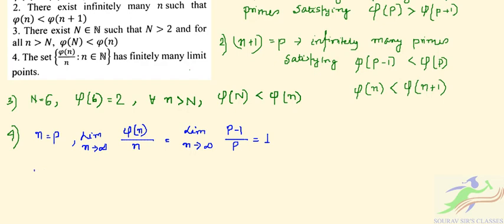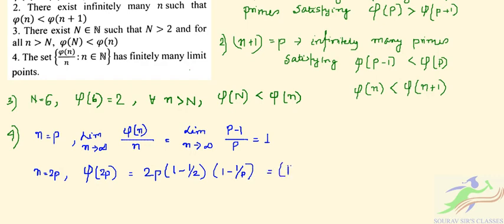Now if we put n equal to 2p, then what will be phi of 2p? It will be 2p times 1 minus half times 1 minus 1 by p. If we simplify it, it will come as p minus 1.